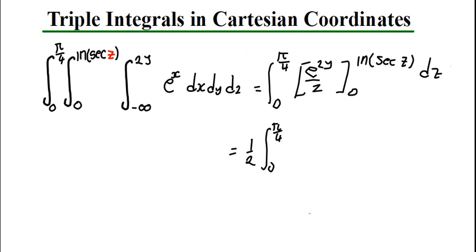If you plug in natural log of sec z, this would be e to the power 2 natural log of sec z, where there's y. That's the upper limit. The lower limit, you plug in 0 where there's y. That's going to be e to the 0, meaning it's a 1. I believe it's something that we know by now.